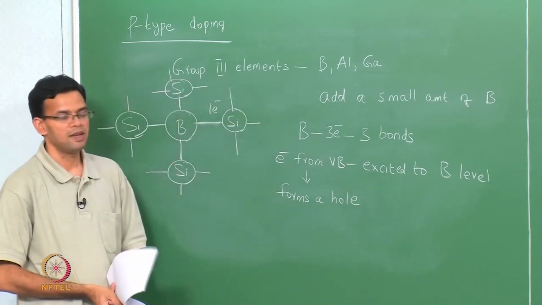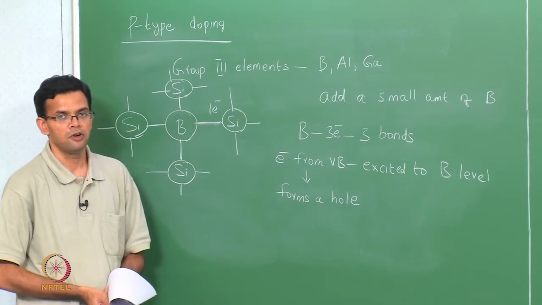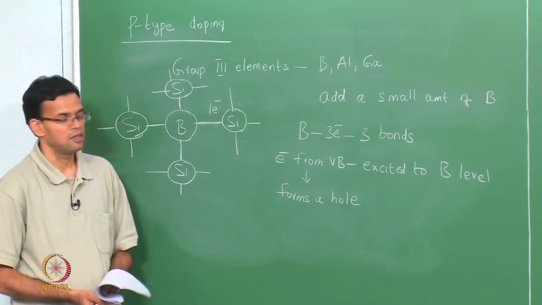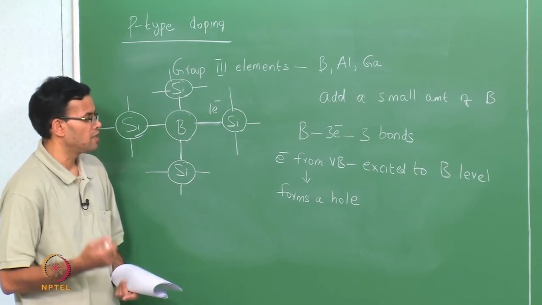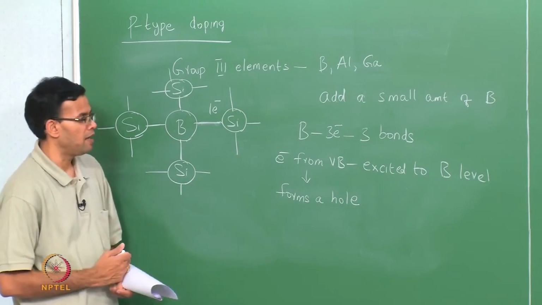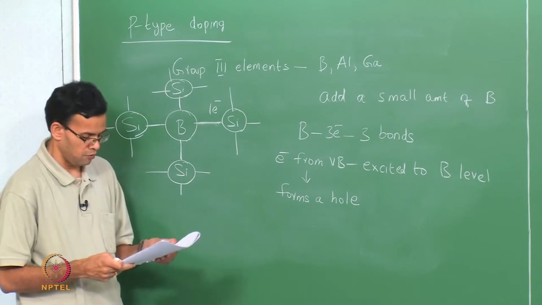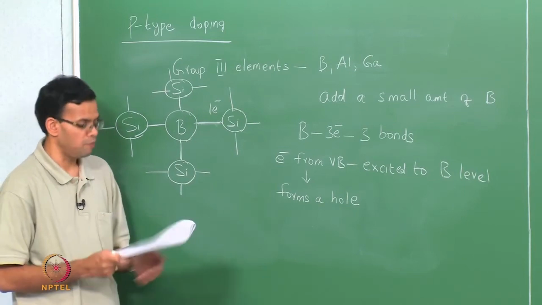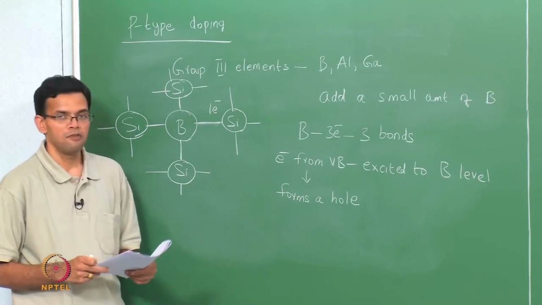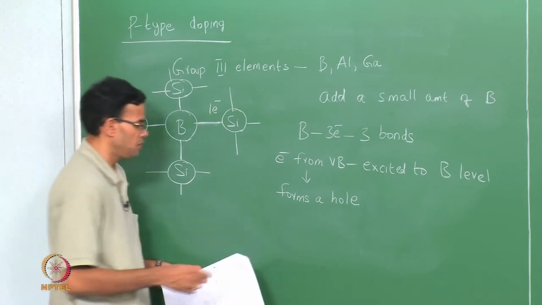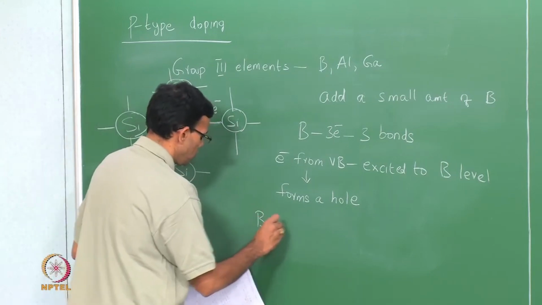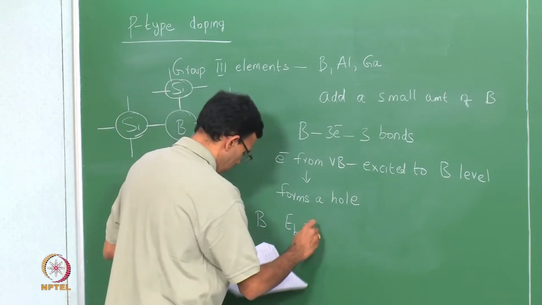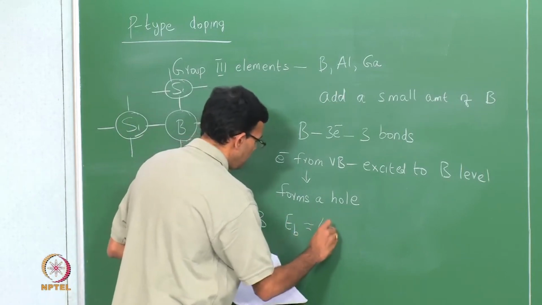We can do a similar calculation that we did for the n-type impurities to look at the ionization energy, that is the energy required to excite the electron from the valence band to the boron level. If we do that, once again we will find that the energies are the order of milli electron volts. If we do the actual calculation, in the case of boron, the ionization energy EB is around 45 milli electron volts.